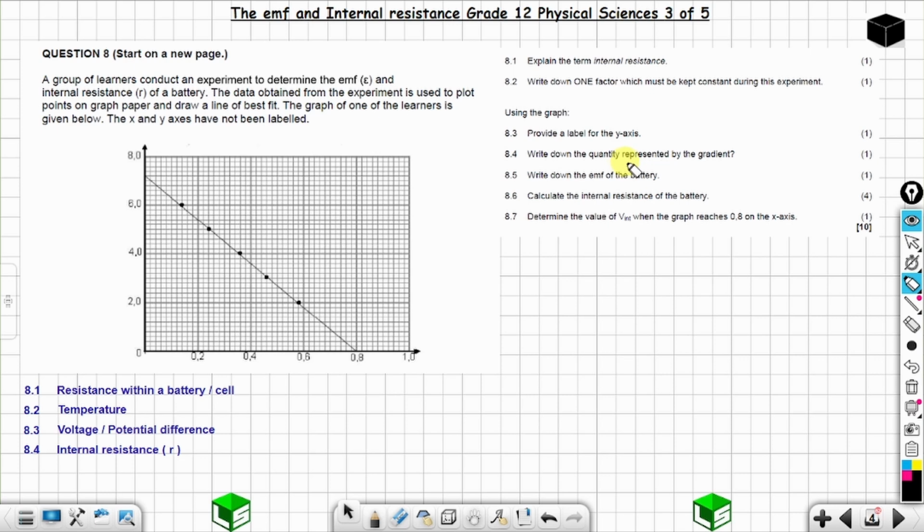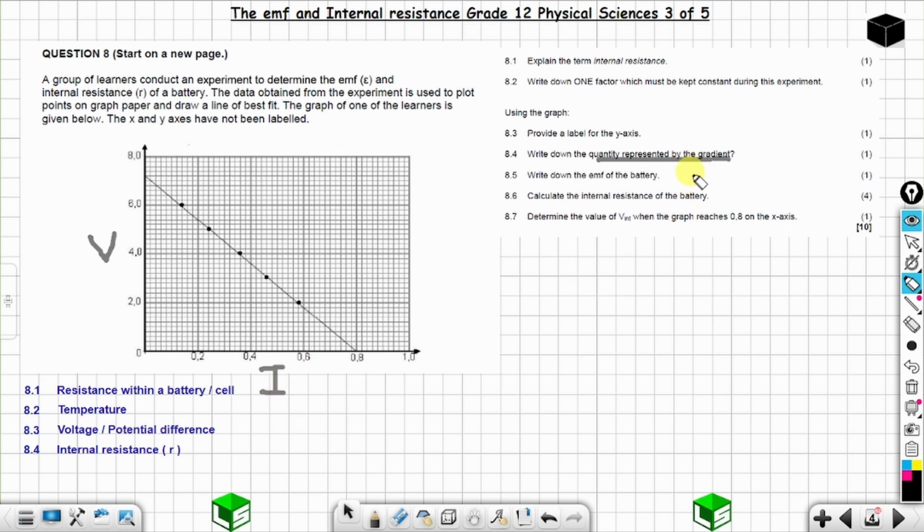The quantity represented by the gradient, or the slope of the graph. So you have voltage on the y-axis and current on the x-axis.